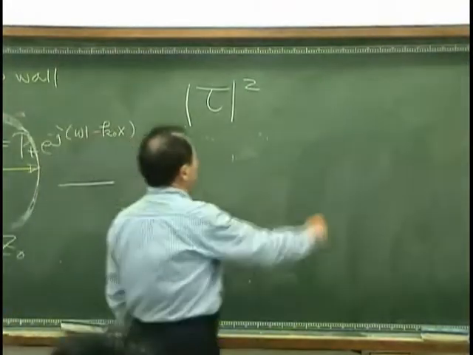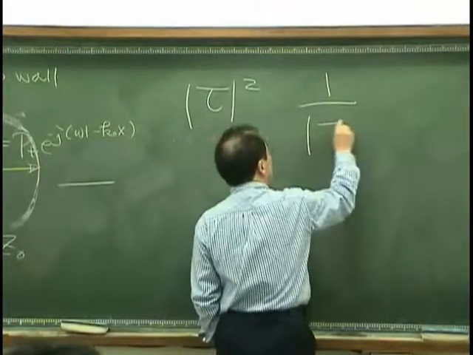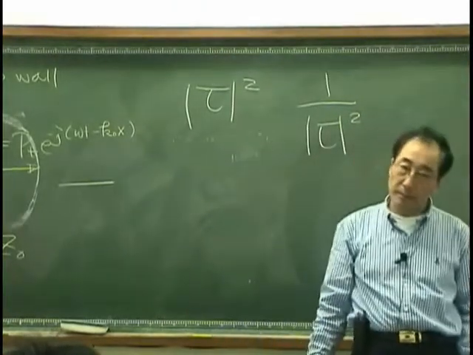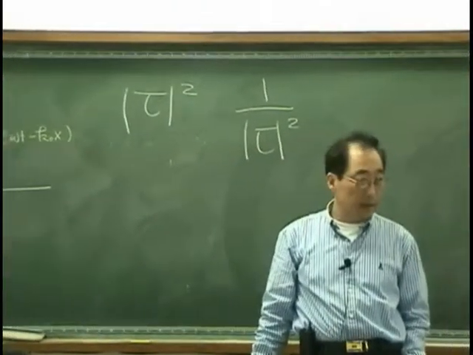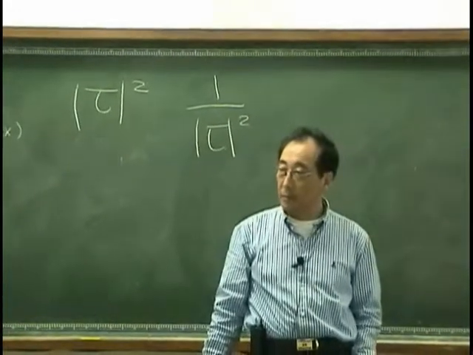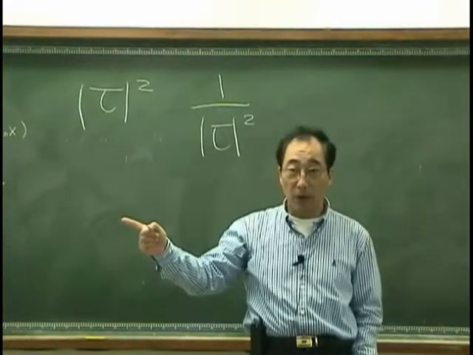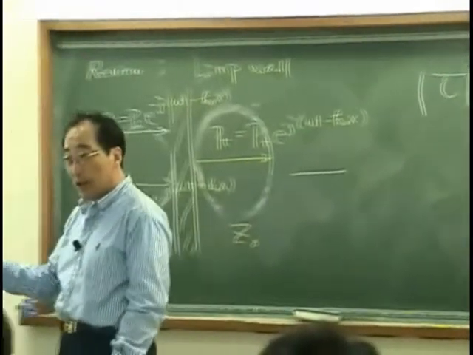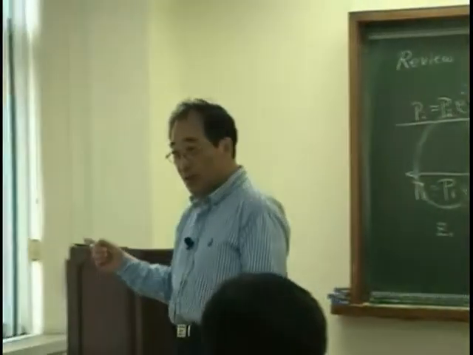Okay. What about the meaning of 1 over tau square? Good example. Do we want to have tau maximized or minimized in this case?